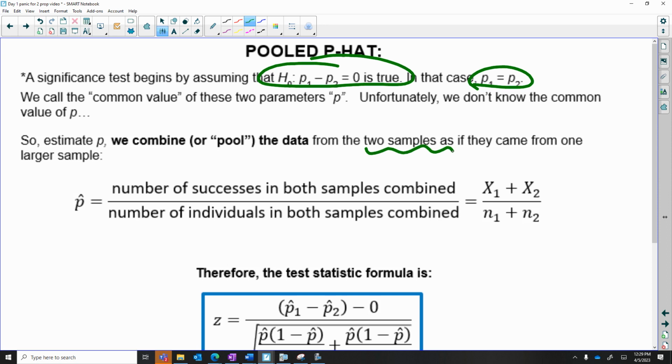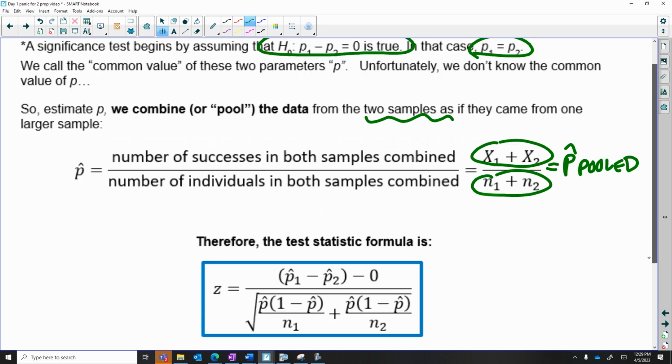This seems not mathematically sound because we've never just added across numerators and denominators when combining fractions in the past. But this is how we get the pooled p hat: we add across the numerator and we add across the denominator. I'm going to show you what I mean in a second.